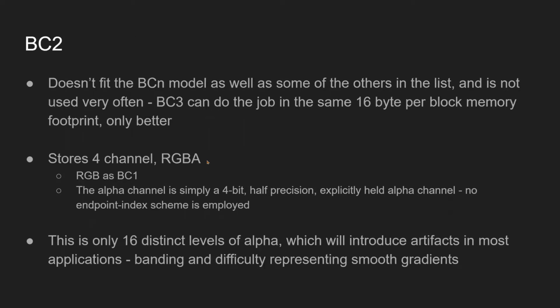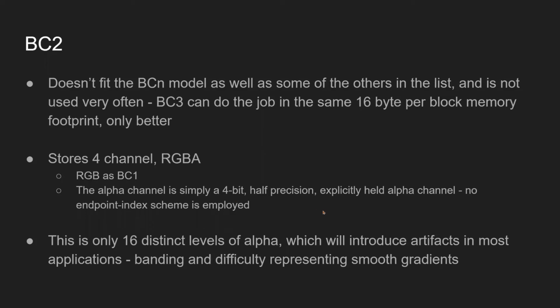BC2 is a little bit strange. It's different than the previous formats because while it keeps RGB as BC1, the alpha channel is just 4-bit values, 16 of them. So that's the other 8 bytes. So these are half precision values.